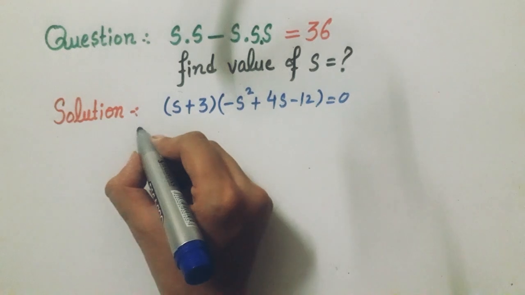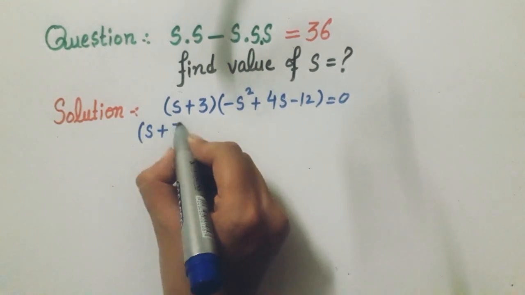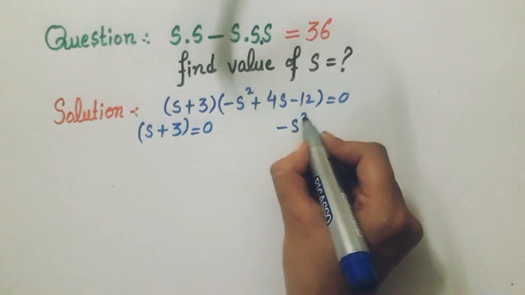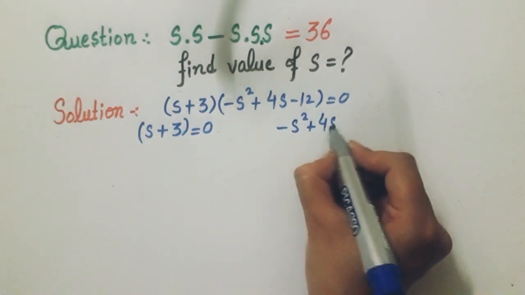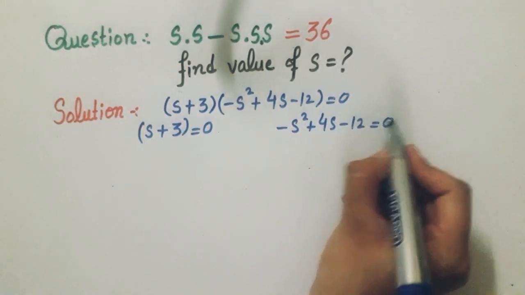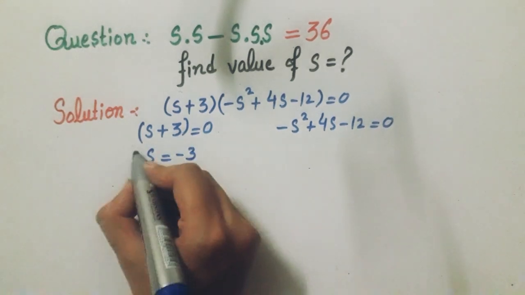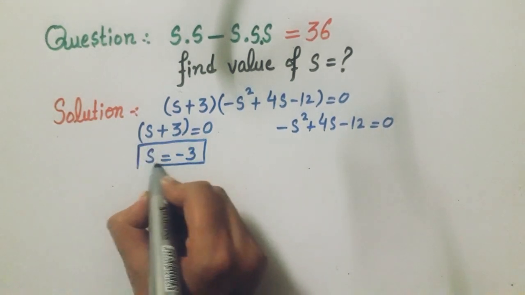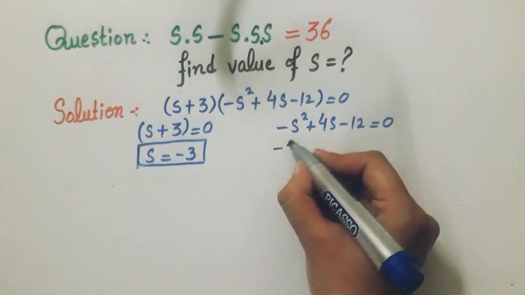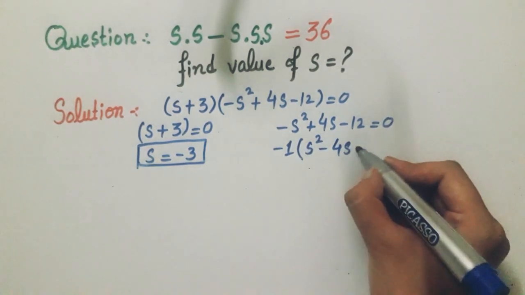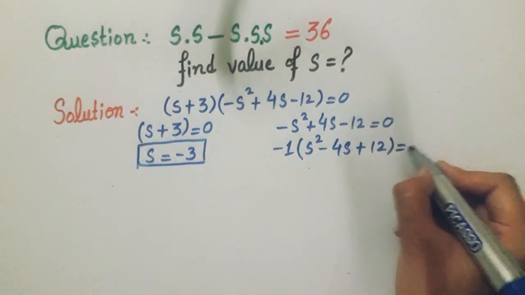So it becomes s plus 3 equals 0, and the other pair is minus s squared plus 4s minus 12 equals 0. It means that s equals minus 3. This is the first one. And here we will take minus 1 as common. So remaining is s squared minus 4s plus 12 equals 0.